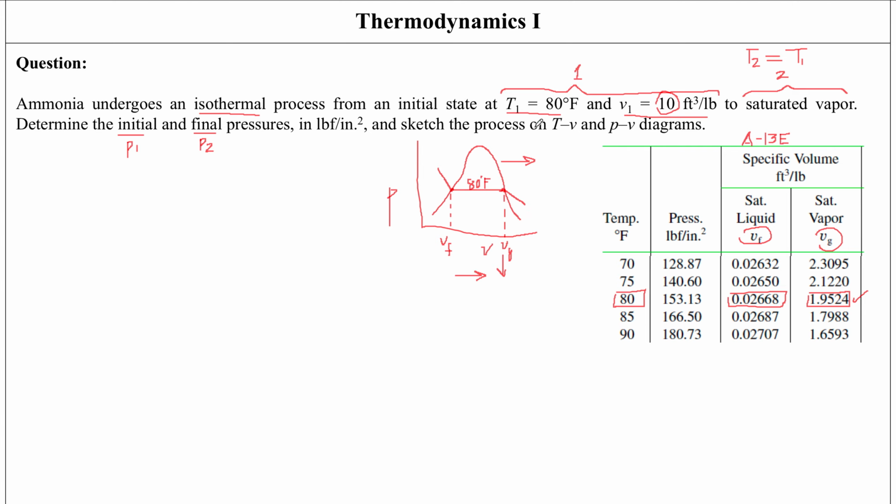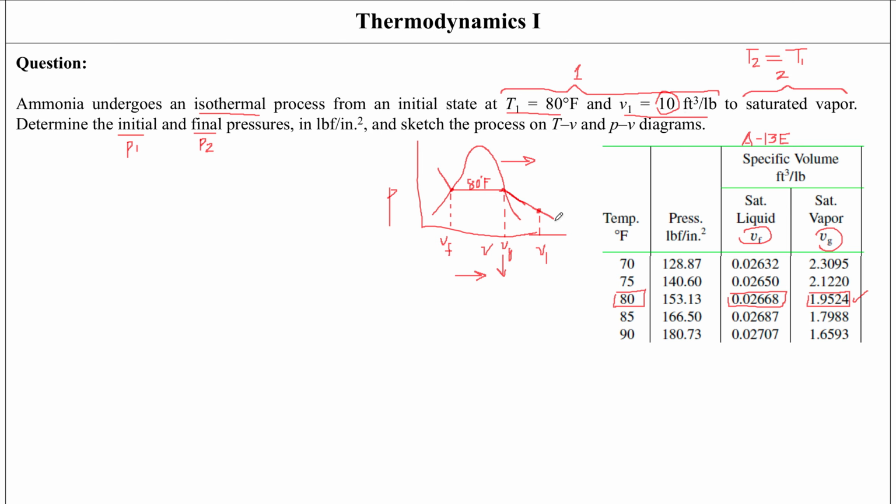Okay, but because you're looking at a constant temperature process, that means it has to be on this line, somewhere on this line. Let's say it's somewhere here. Okay, and this is going to be the point where you've got V1.